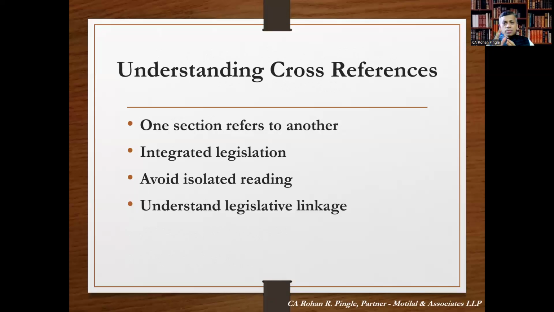Some sections override others, some operate only after another section, and some create exceptions. Therefore, never read any section in isolation. Whatever reference is given with that particular section, that needs to be read, along with the rules. Professional interpretation always involves reading connected provisions together. This habit significantly improves legal accuracy.